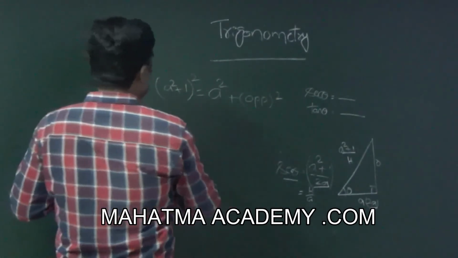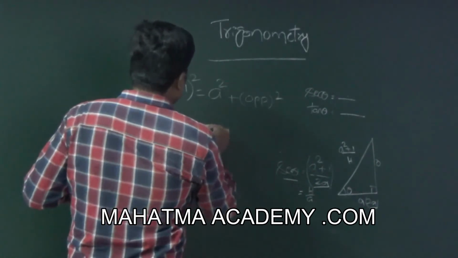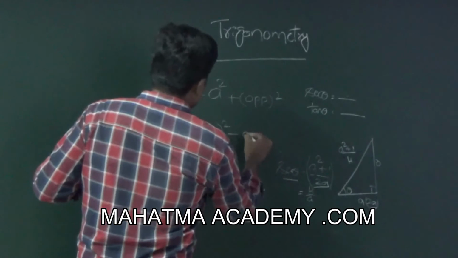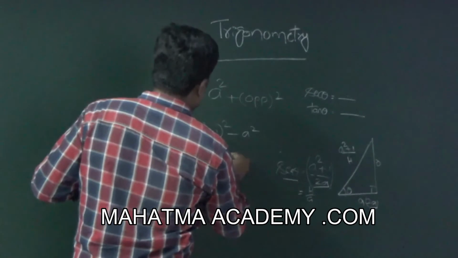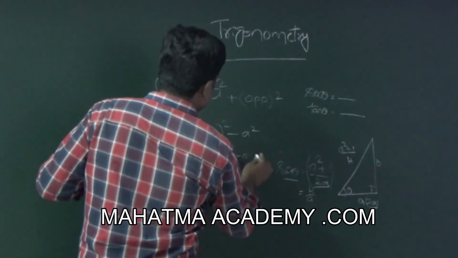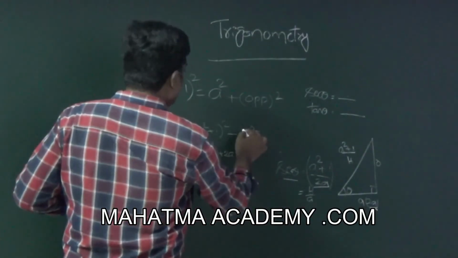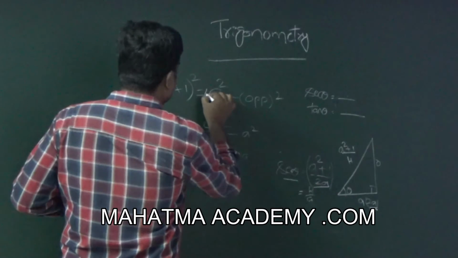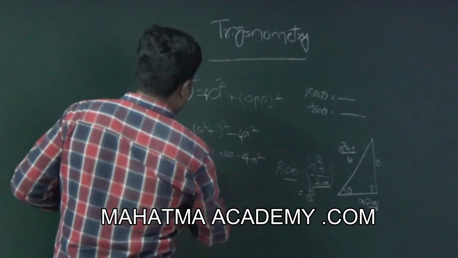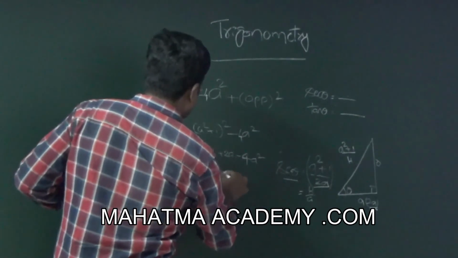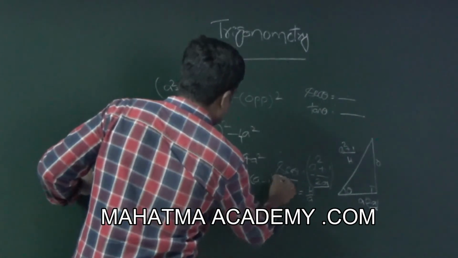Opposite side square equals (a square plus 1) square minus (2a) square, which is a square minus 2a plus 1, that is, a minus 1 square.